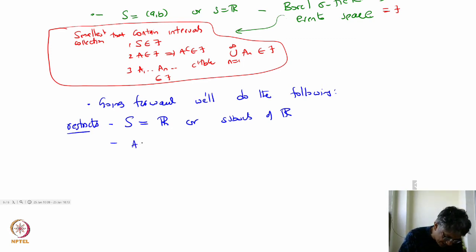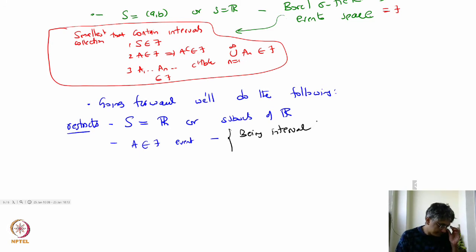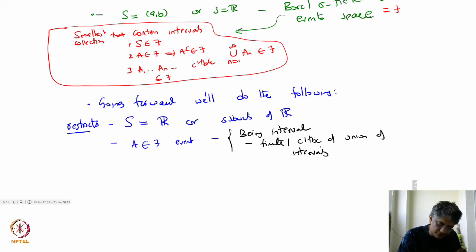When I say A is an event, we will also restrict ourselves to A being either an interval or a finite or countable union of intervals, or complements. And that's all I will work with.